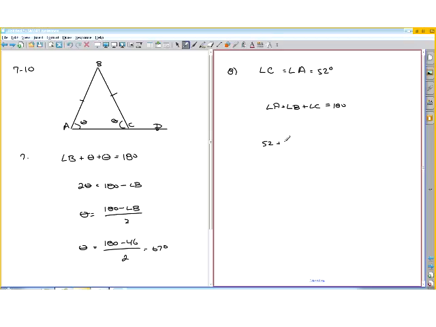So if we plug in, 52 plus angle B plus 52 is equal to 180. That's angle B plus 104 is equal to 180. If we subtract 104 from both sides, we get 180 minus 104, which is 76 degrees.